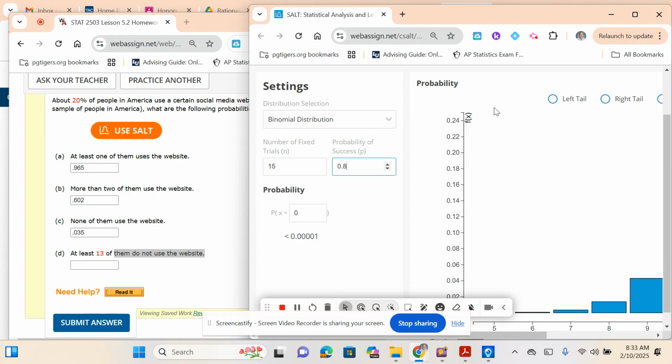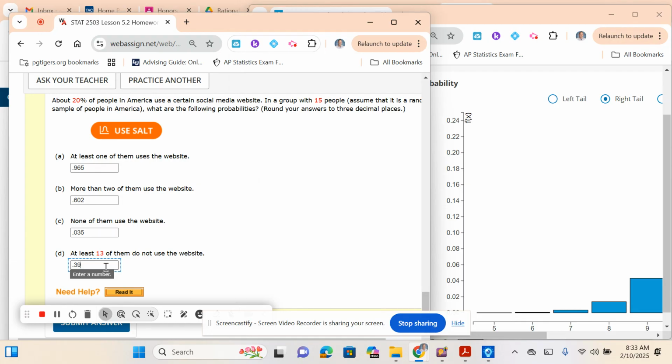Give me a value that's at least 13, 14. That's above, so that's the right tail. Is 13 at least 13? Yes, so I include 13 in my value. So I get 0.398. And so that should give me my solutions.